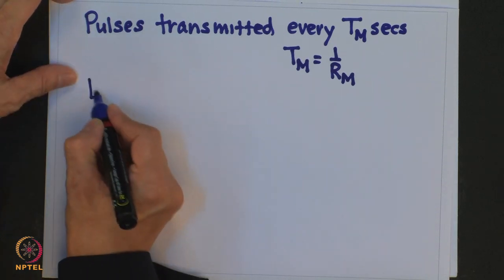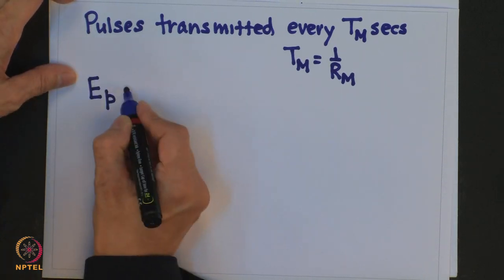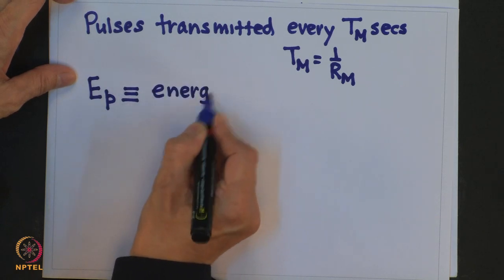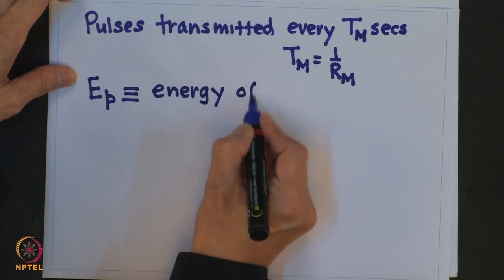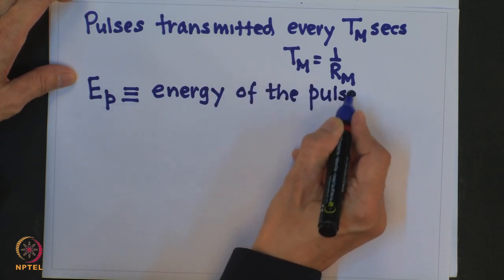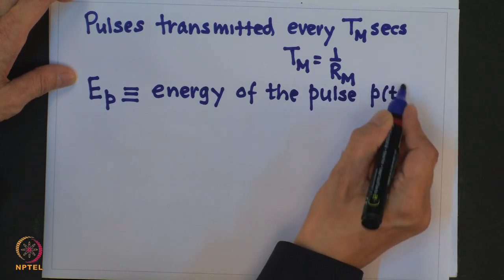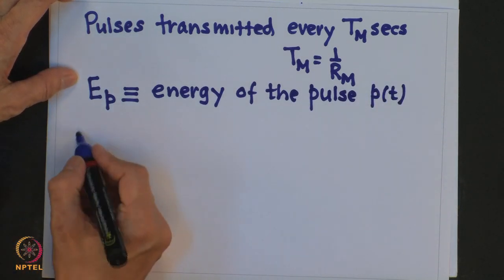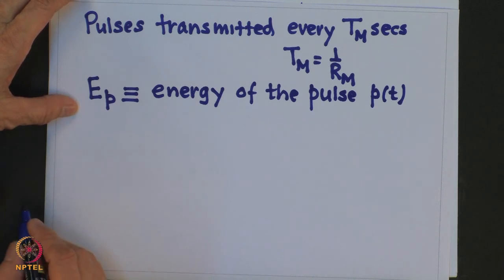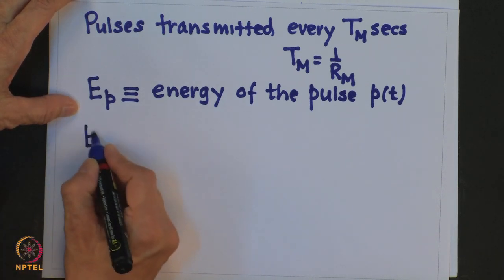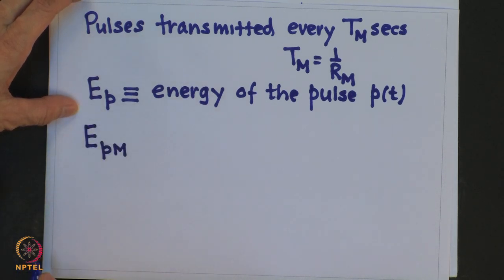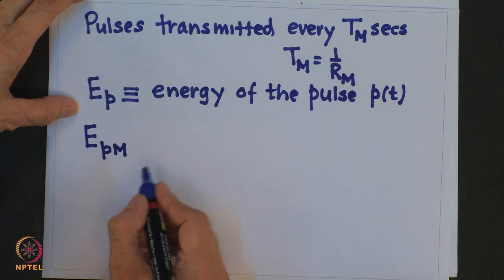Let us denote E_p as the energy in the pulse p(t). Let us also assume that we have equiprobable pulse transmission, and let us try to calculate the average energy in this transmission.